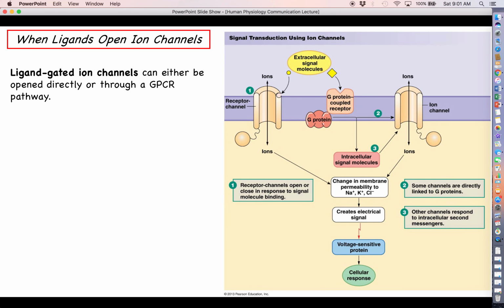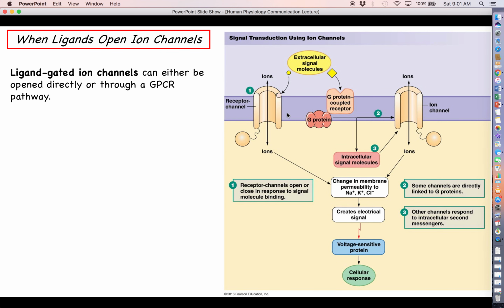They are gated ion channels in the sense that they are closed most of the time, and we open them or ungate them when we provide the appropriate stimulus. Because this is called a ligand-gated ion channel, it tells us that the stimulus is a ligand binding to a receptor. So this can happen in several different ways.